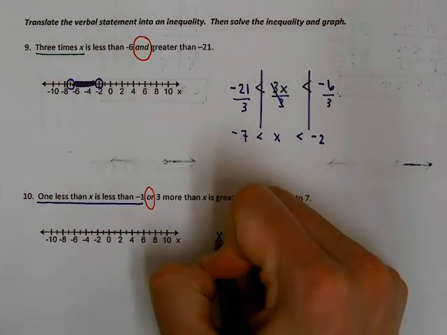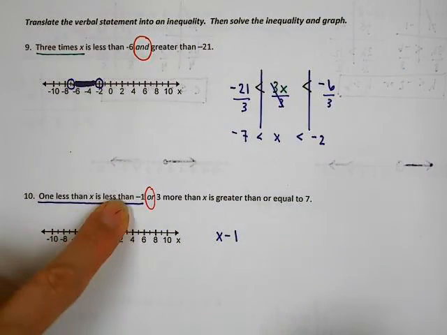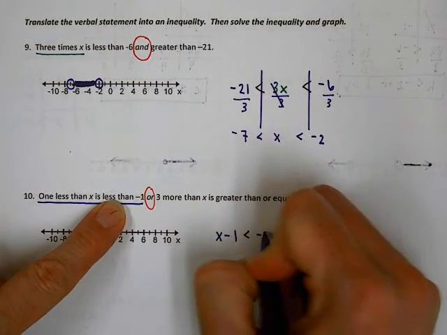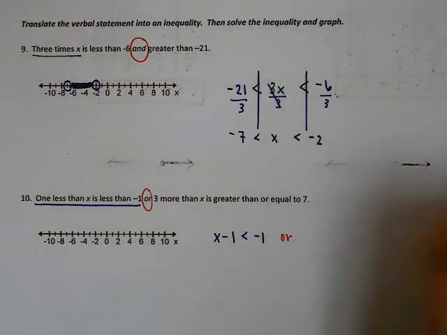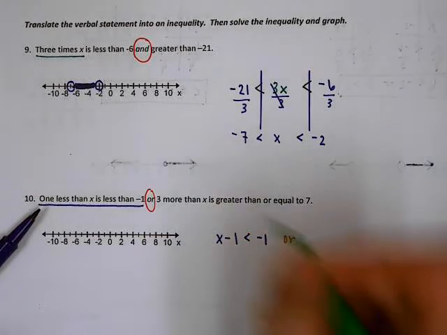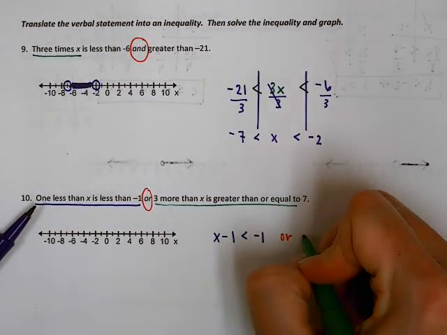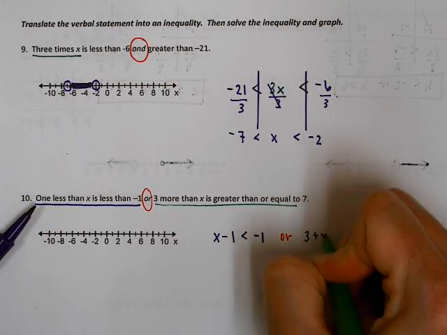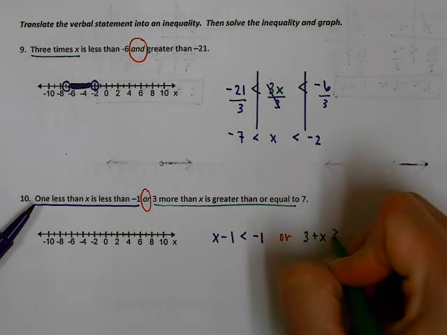So I translate that as x minus 1 is less than negative 1. Then we have our word or. Then I have 3 more than x. So 3 more than x, I know, is 3 plus x, is greater than or equal to 7.